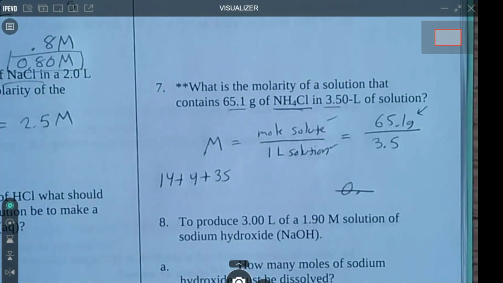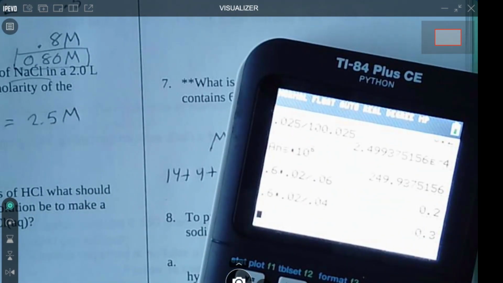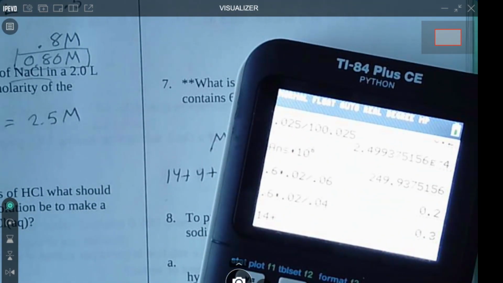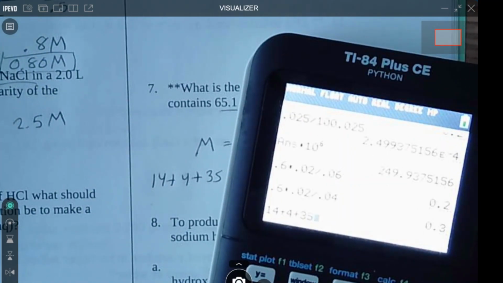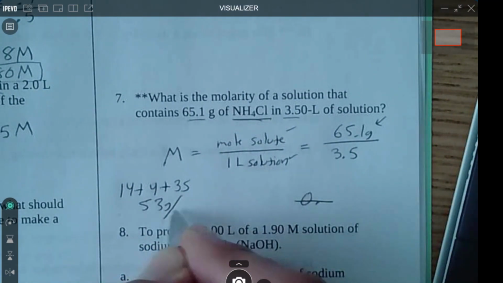So when I do that, 14 plus 4 plus 35, just to be exact I'm going to put all those digits in, that gets me the molar mass, and that's how many grams there are per mole. There's 53 grams per mole.